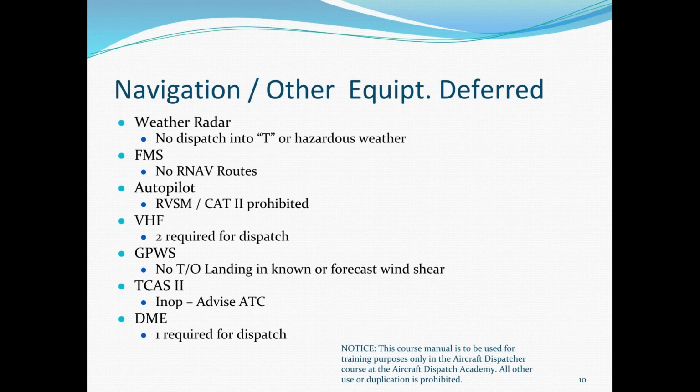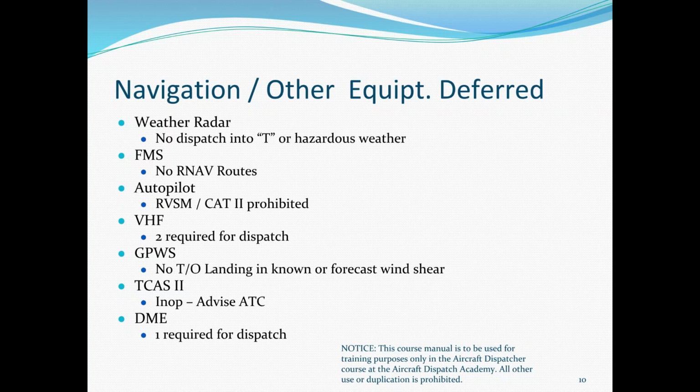So VHF, we have to have two VHF radios working on the airplane. If we don't, can't operate the flight. GPWS. Remember, GPWS is the one that's notifying the pilot of terrain issues or wind shear.